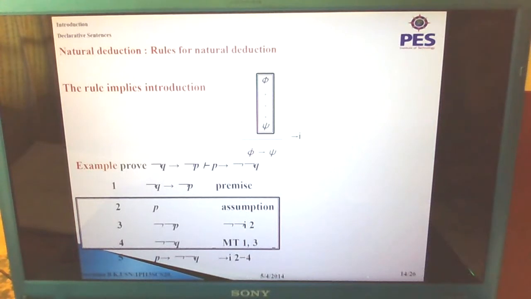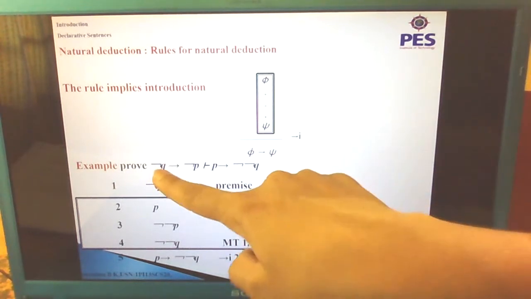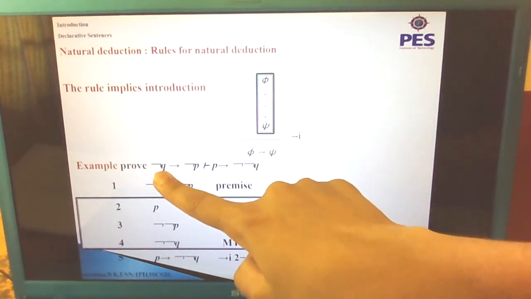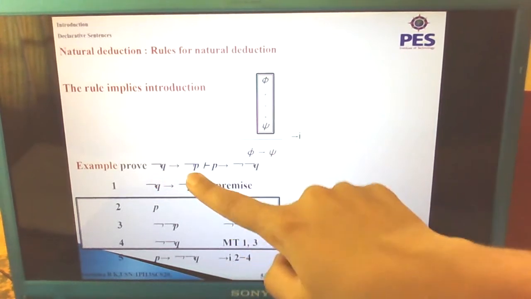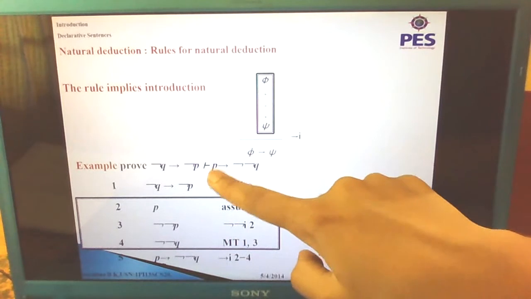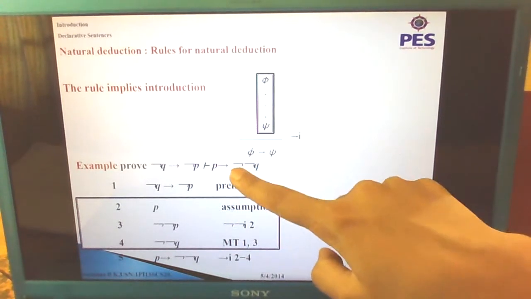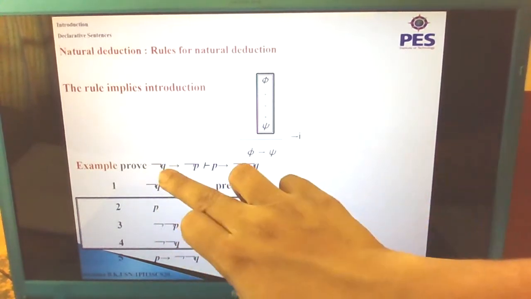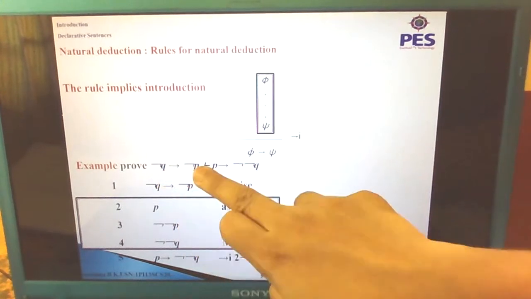Here I am considering an example to prove that negation of negation of q implies negation of p is valid. It is going to give rise to p implies double negation of q. Here the given premises are negation of q and negation of p.